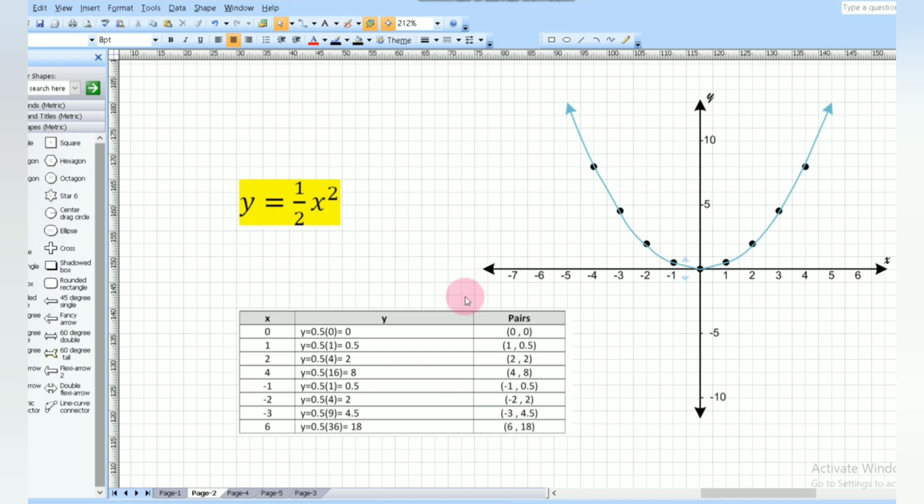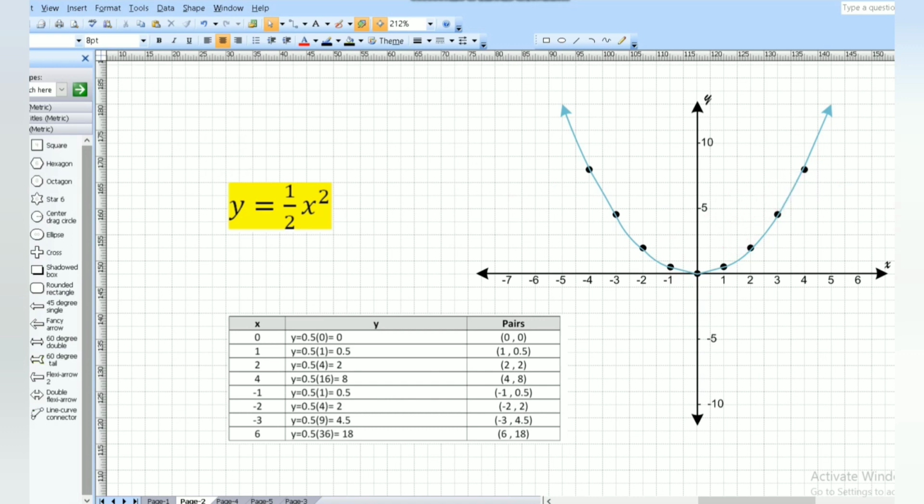If I use the table of pairs, I use 1, 2, 3, 4, 5, 6, 7, 8 values of x, and then I find the pairs of y. So (0, 0), (1, 0.5), and so on. When I plot it, I have these dots, and since I'm quite convinced of the shape, I can connect them with a curve.